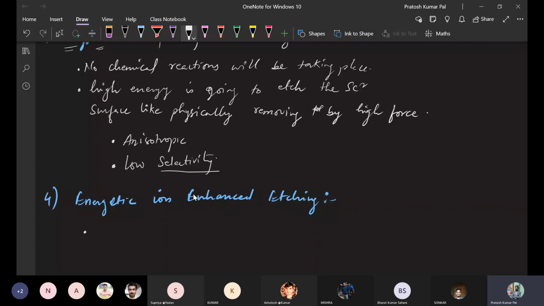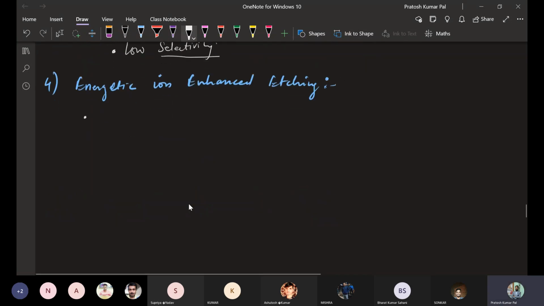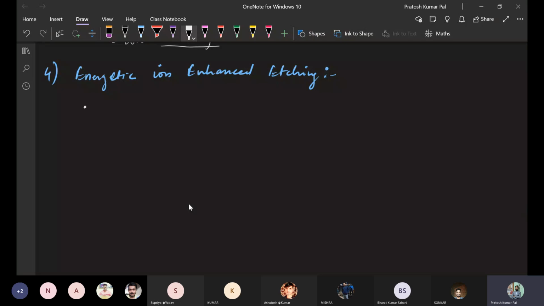So to increase the selectivity we will be using an enhancing agent, basically like a catalyst that will be helping in taking the reactions faster. So we are going to combine chemical and physical properties.